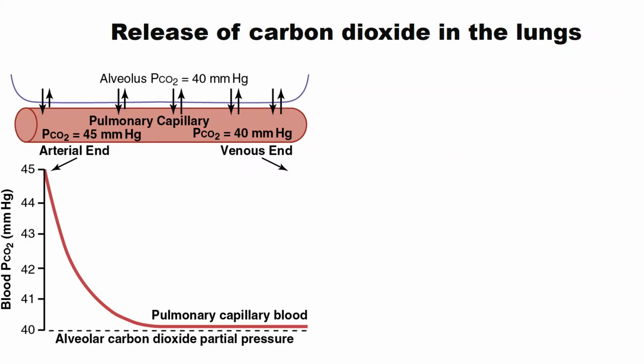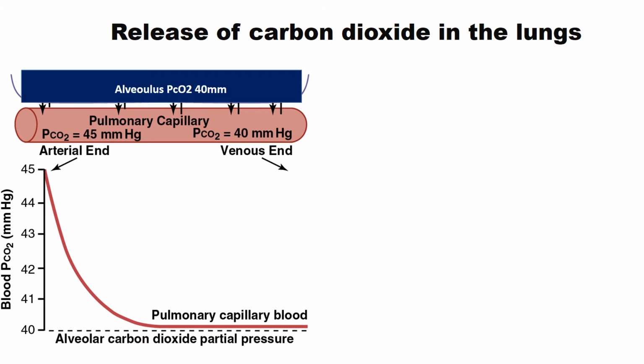The final step in the transport of carbon dioxide is the release of carbon dioxide at the level of the lung. Here in this diagram you can see that at the level of the alveolus, the partial pressure of carbon dioxide is 40 mm of mercury, and in the blood the carbon dioxide is transported in three forms: as dissolved form, bicarbonate form, and the carbamino form.